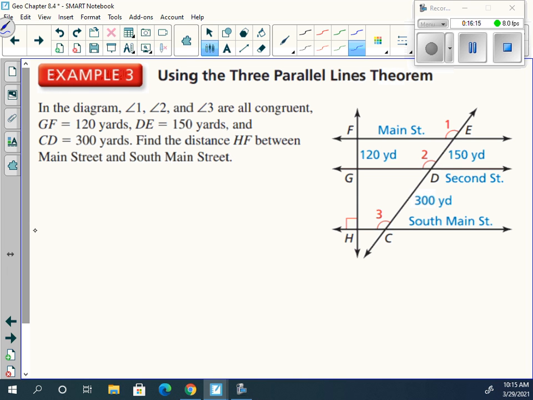So in the diagram, angles 1, 2, and 3 are all congruent, which means that these three lines are going to be parallel to each other. Find the distance from H to F between Main Street and South Street.